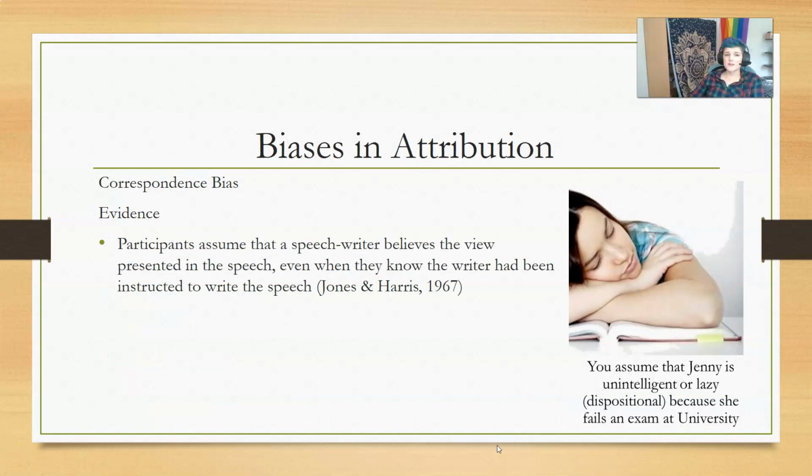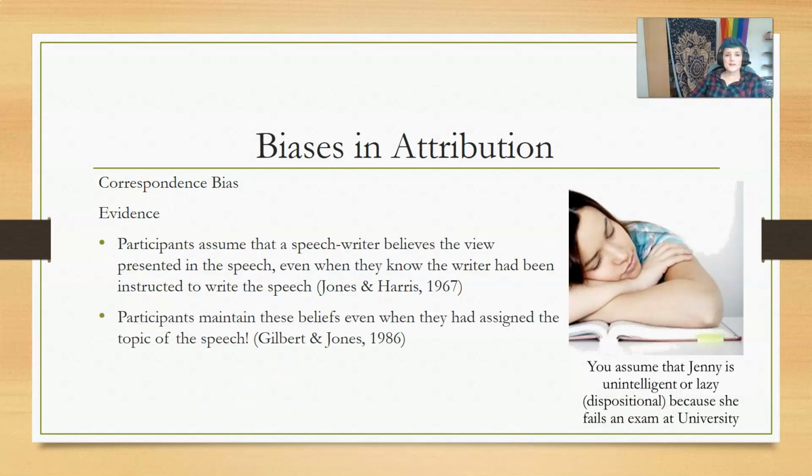Evidence for correspondence bias comes from research that found that participants assume that a speechwriter believes the view presented in the speech, even when they know that the writer has been instructed to write the speech. So, therefore, they ignore the situation and consider the attribution to be internal to the speaker.